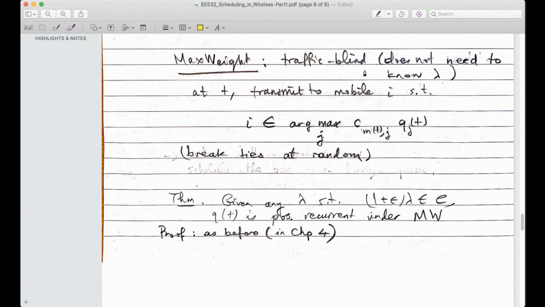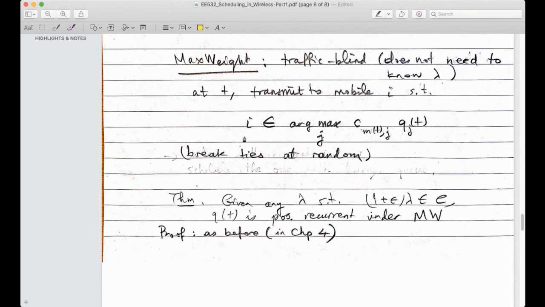It is traffic blind. What does it look at? It looks at the Q states. Because of that, of course, its computational complexity is high, but still, it's a very powerful algorithm, and there are lots and lots of approximations of max weight that are used in practice.